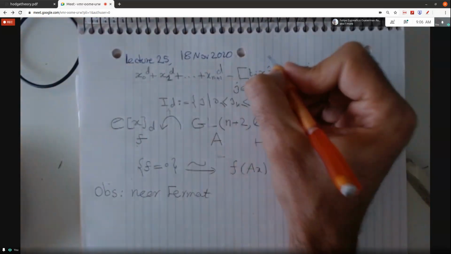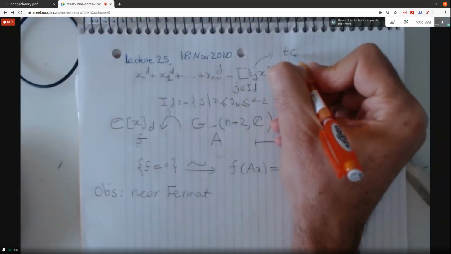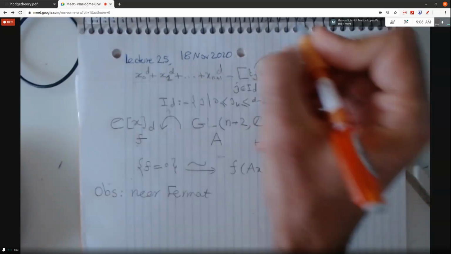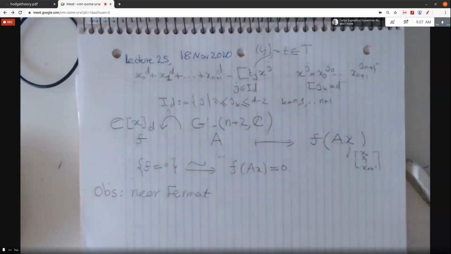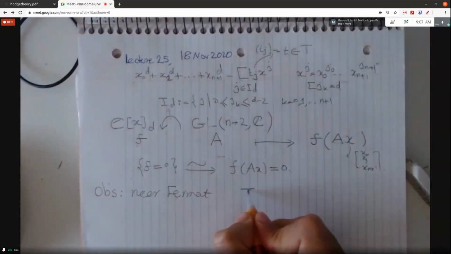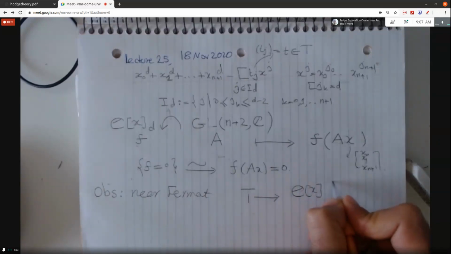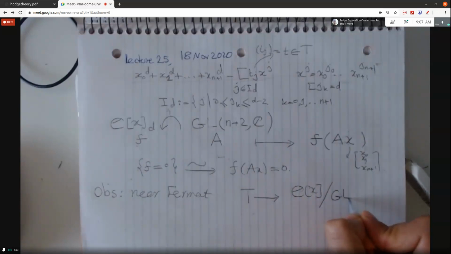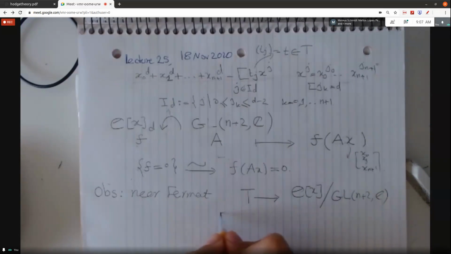Near Fermat, let's call this parameter space T. So T is the collection of all these t_j. Near Fermat, we have this T. Then all homogeneous polynomials quotiented by GL of n plus 2 of C. This is surjective.